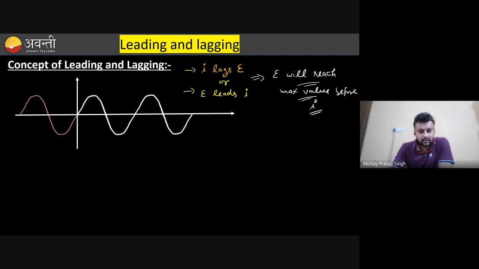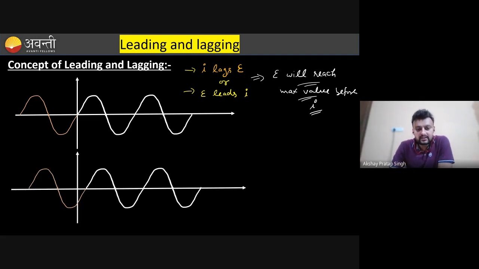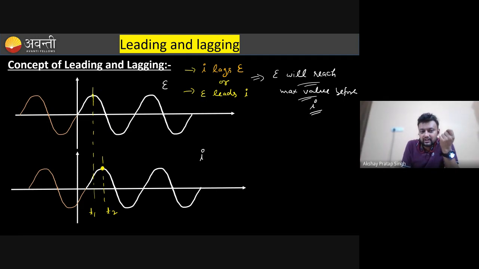Look at that. Who is reaching before? Now look at it in this diagram. This graph is for EMF and this graph is for current. Now tell me, this is the maximum value of EMF and it is reaching maximum value at some time t1. This is the maximum value of current. It is reaching maximum value at time t2. Who is reaching earlier? EMF is reaching earlier. So the quantity which leads also reaches the maximum value before.